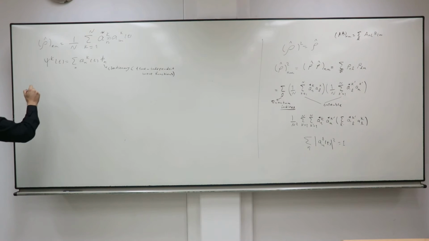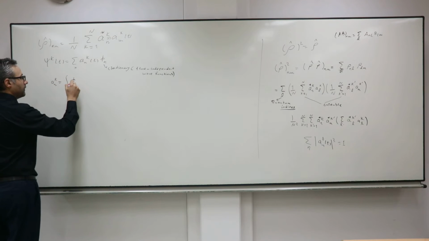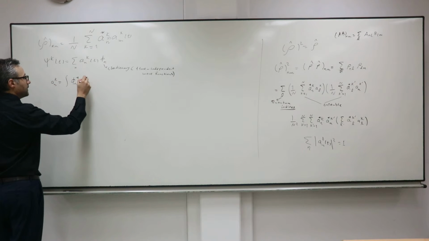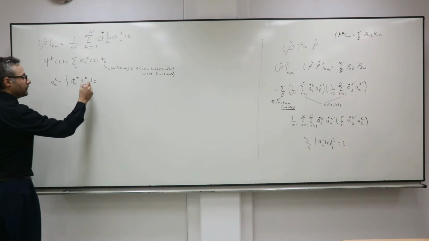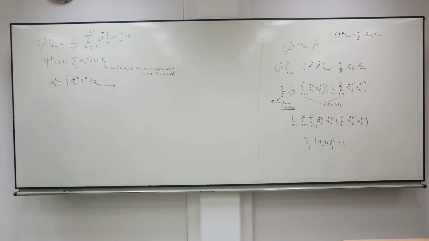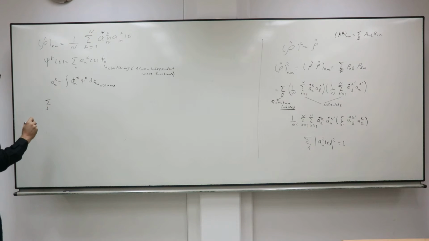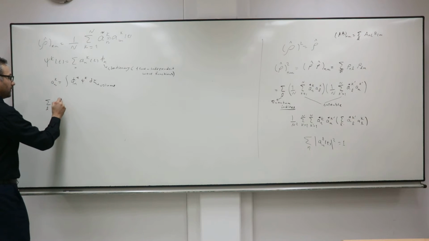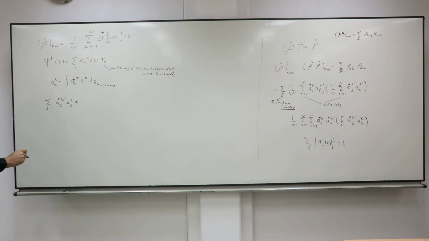What was A_n^k? A_n^k was the integral of phi_n star psi_k d tau, where tau is the volume. But let me try to calculate the things we have here: A_L^k' star times A_L^k. I know it will be the Kronecker delta, but I want to show that.